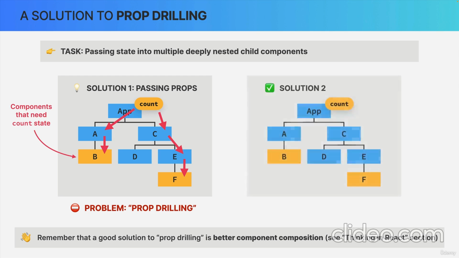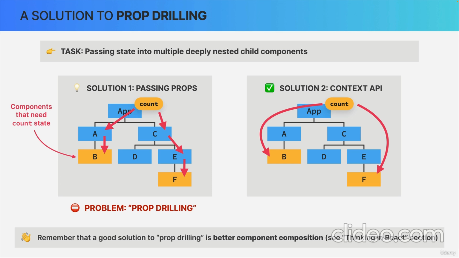So, instead, what we need is actually a way of directly passing the state from a parent component into a deeply nested child component. So that would immediately solve the problem, right? Well, it turns out that React has actually thought of that and has given us the context API to do just that.